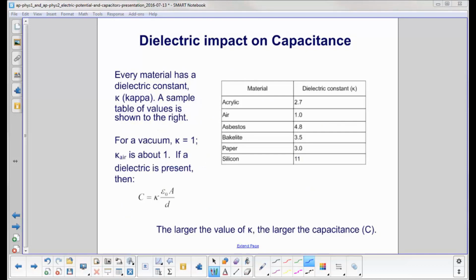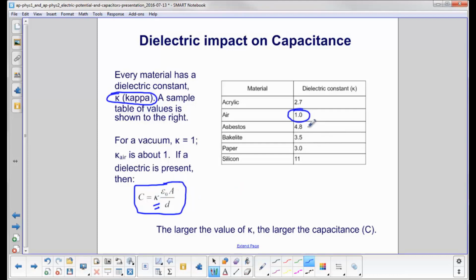Every material has a dielectric constant, kappa. That's a Greek letter, little k. We have a sample table of values here on the right. For a vacuum, K equals 1. K air is about 1. It's close enough. And if you have a dielectric present, we told you how it would increase the capacitance. The same formula for capacitance works, but we just add the kappa in there.